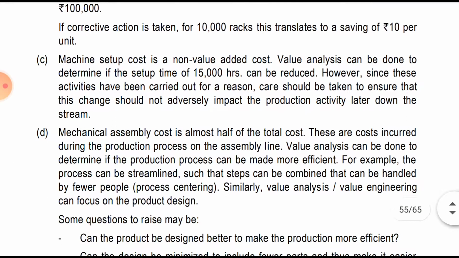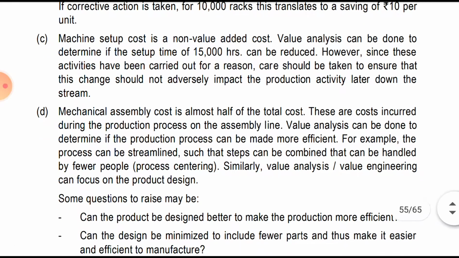So we have to eliminate basically the non-value added cost. Care needs to be taken that this reduction won't affect the production process.